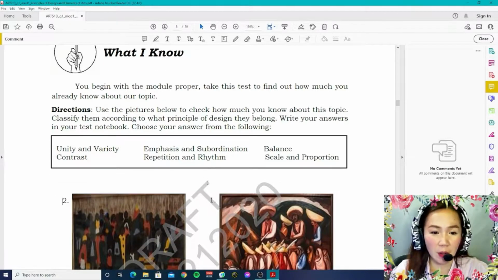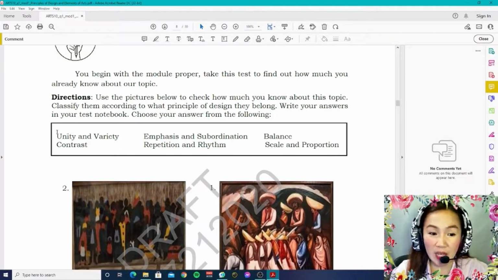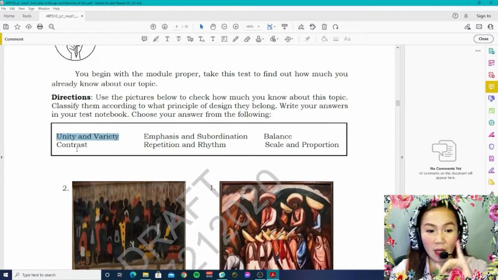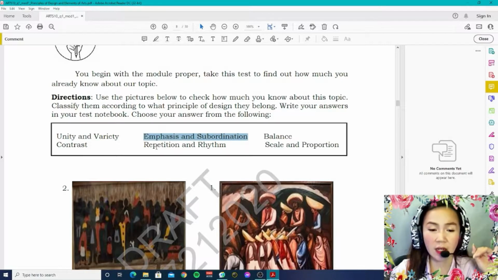Okay? Now, ano-ano ba yung mga principles of design? Meron tayong 6. We have unity and variety, contrast, emphasis and subordination, repetition and rhythm, balance, and scale and proportion. 6 yan.